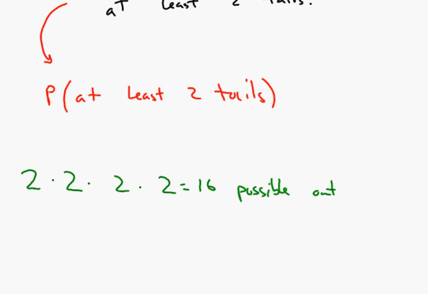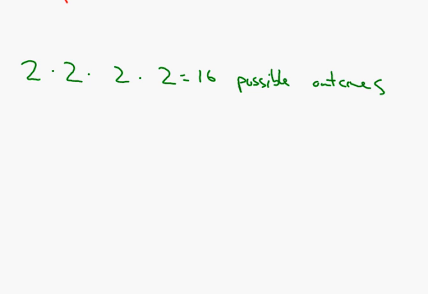That idea that if you have a series of events that can happen in a certain number of ways, you just multiply the number of ways together is called the multiplication principle. Okay, you've learned about that in the past. So 16 possible outcomes. Now we can list them or we can make a tree diagram. I'm inclined to make a tree diagram for this problem. So here we go. We've got heads or tails for the first coin. Then after tossing the first coin, the second coin could be heads or tails.